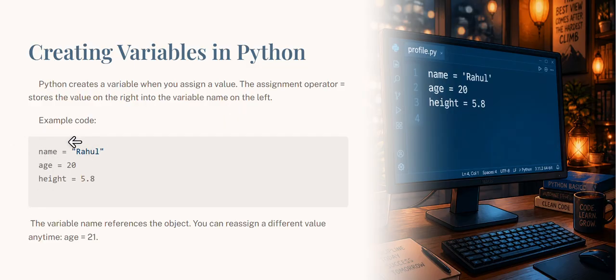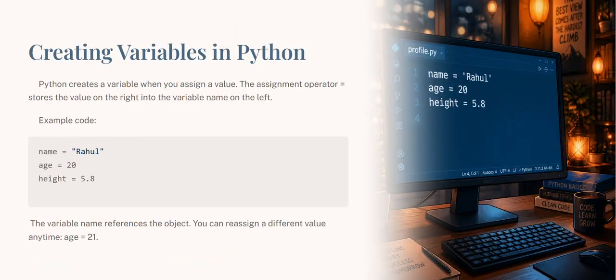So Rahul is saved in the variable name, 20 is saved in the variable age, and 5.8 is saved in the variable height. The variable references the object. You can reassign a different value anytime, like you can change the value 20 to 21 or any other value.